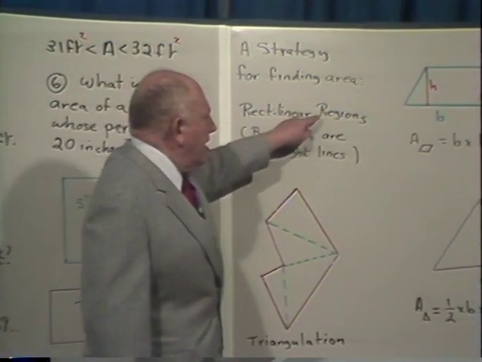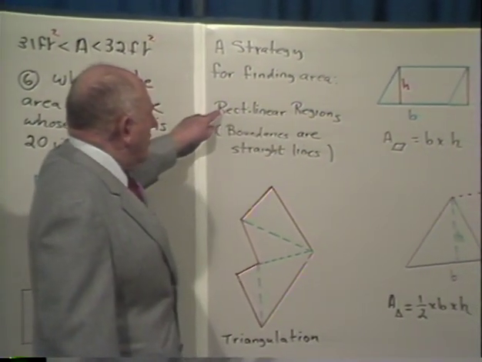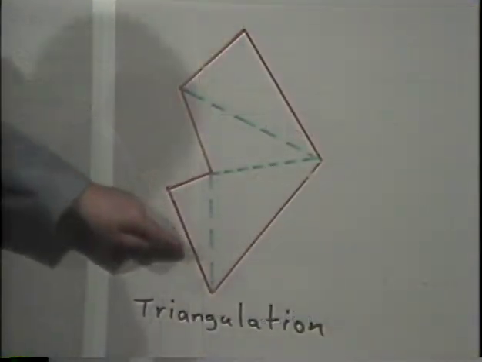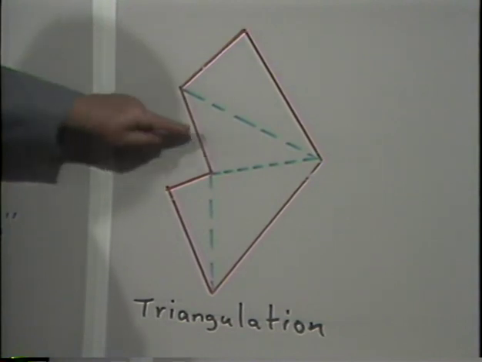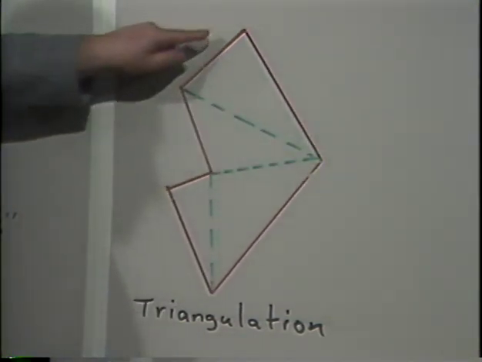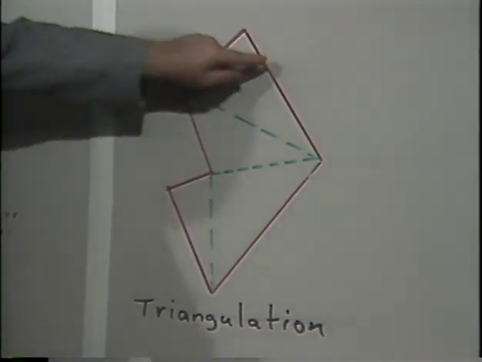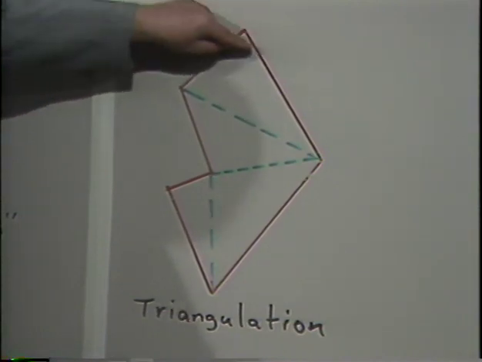A rectilinear region simply means a region all of whose boundaries are straight lines. Like, look at what I've drawn in red over here. It's certainly not a rectangle, but are all the boundaries straight lines? Yes. So this would be called a rectilinear figure. Basically, whenever you have a rectilinear figure, take any two consecutive sides.